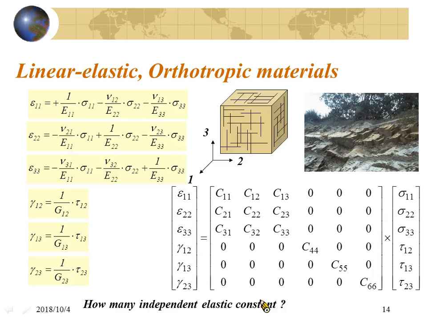How many independent elastic constants for isotropic material? Forget about that for now. From here, you will have 9 elastic constants: 3 for Young's modulus, 3 for Poisson ratio, and 3 for shear modulus. I will check it. I will tell you tomorrow.